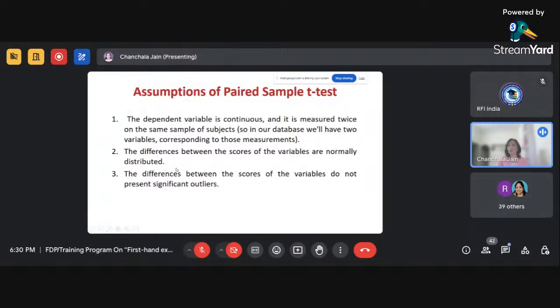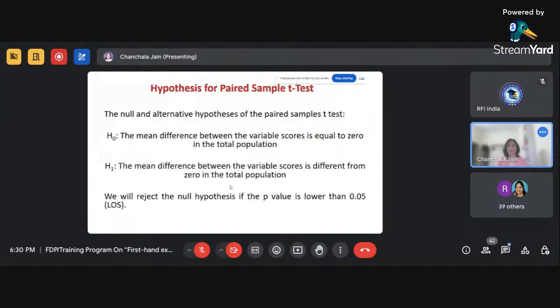Whatever scores you collect two times, you calculate the difference, and that difference should be normally distributed. Third, the differences between the scores do not contain significant outliers. These are the 3 assumptions you need to check for performing the paired samples t-test.